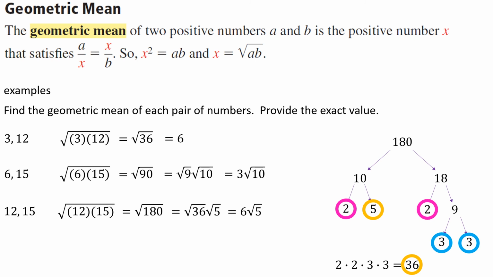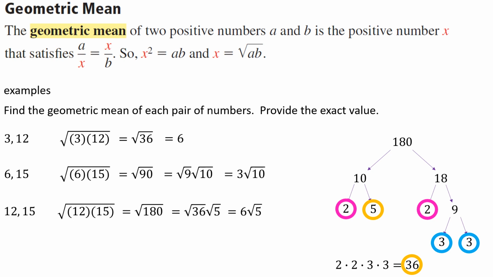Some students like to just list all possibilities: 1 times 180, 2 times 90, 3 times 60, 4 times 45, 5 times 36, 6 times 30, 7 won't work, 8 won't work, 9 times 20, 10 times 18, 11 won't work, and then 12 times 15.